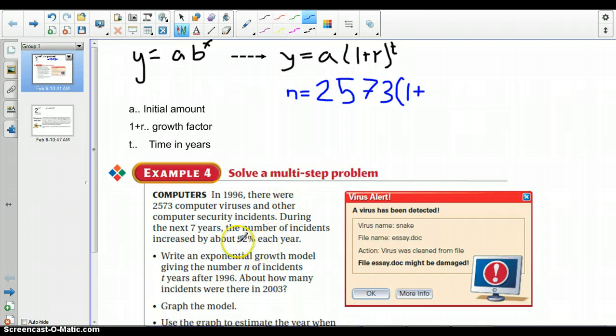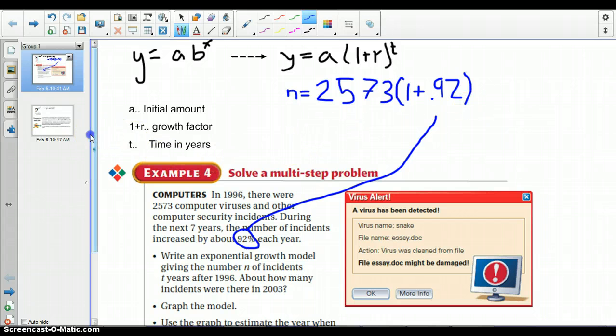They're saying it increased by 92% each year. So how do we represent 92%? 0.92. So remember, you have to know how to do conversions from percentages to decimals.